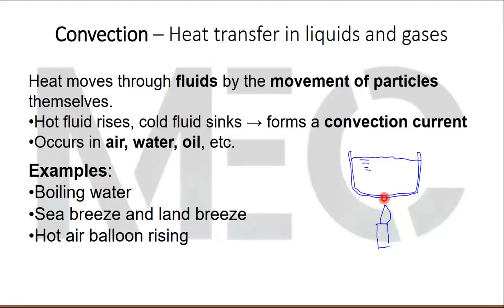So the metal here feels the heat. From one side of the metal to the other side of the metal, the heat propagates by conduction, of course. The atoms or free electrons of the metal feel the heat and propagate it through the pot.